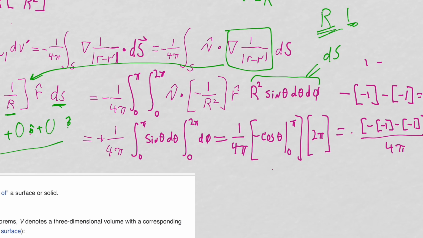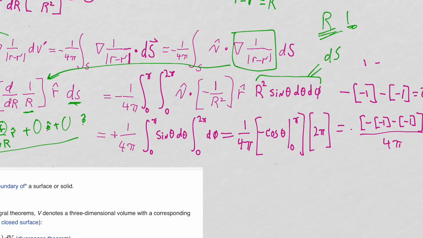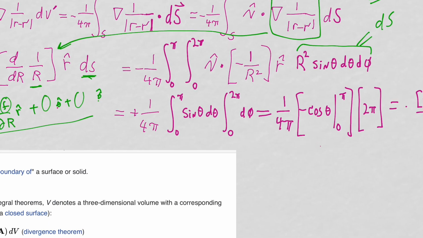It's this double integral d theta d phi. And so when you do this, you can see right away this r squared cancels with that r squared, leaving a -1. That -1 cancels with this -1, which gives us a +1.